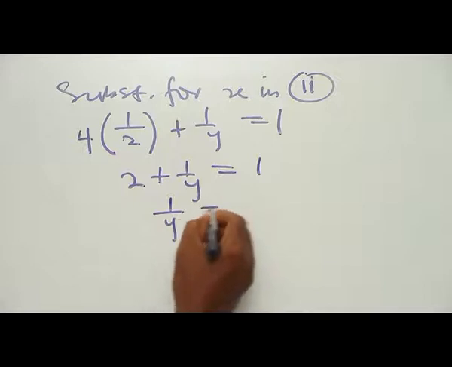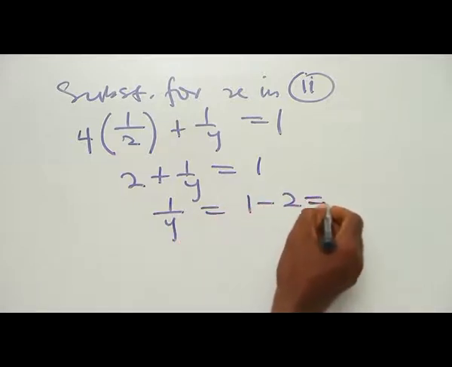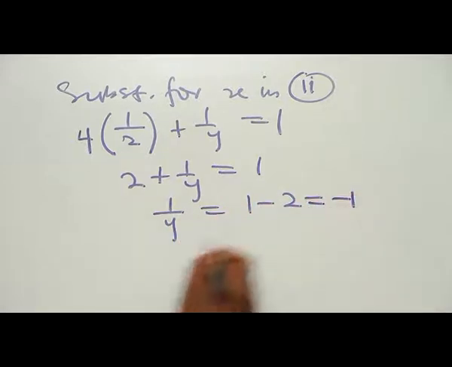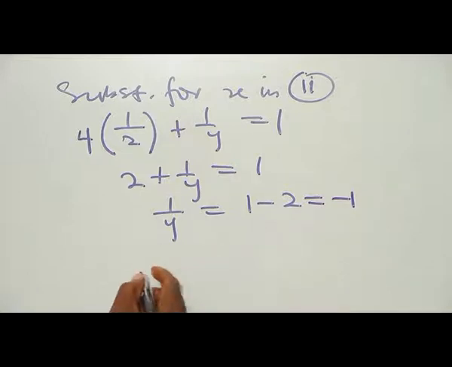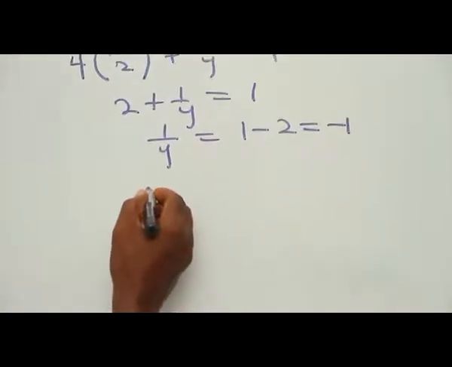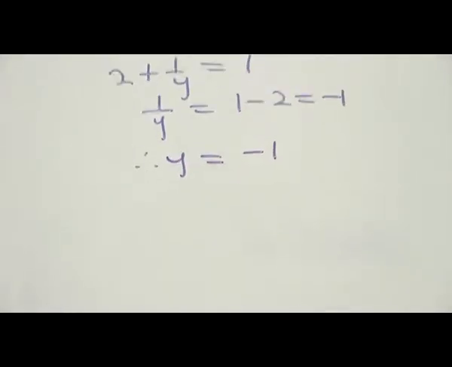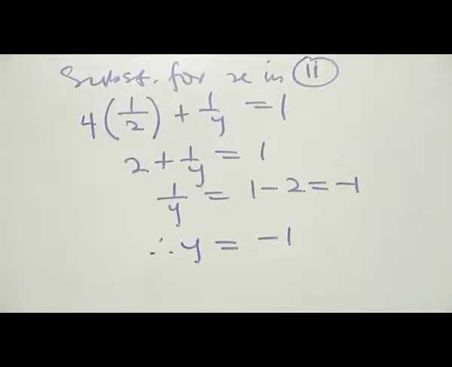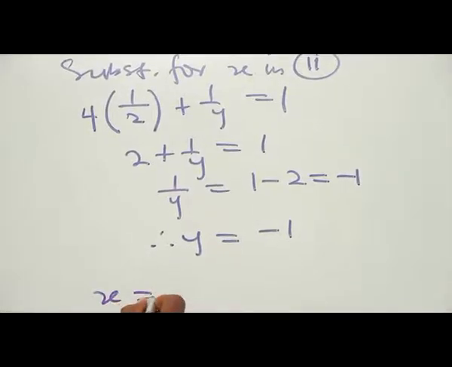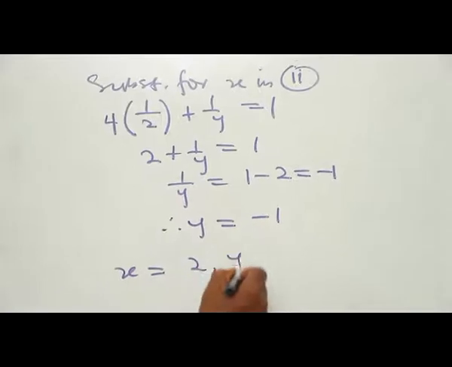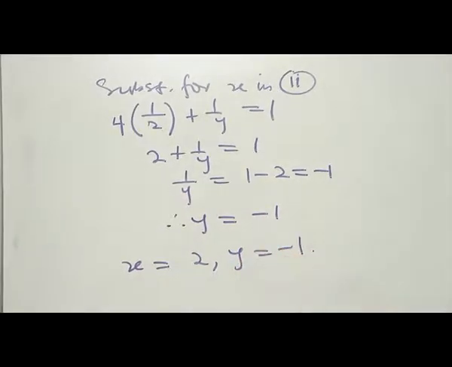Therefore 1 over y is equal to 1 minus 2, which is equal to minus 1. So what would be the value of y? Y in this case is therefore minus 1. So the final solution, s is equal to 2 and y is equal to minus 1.